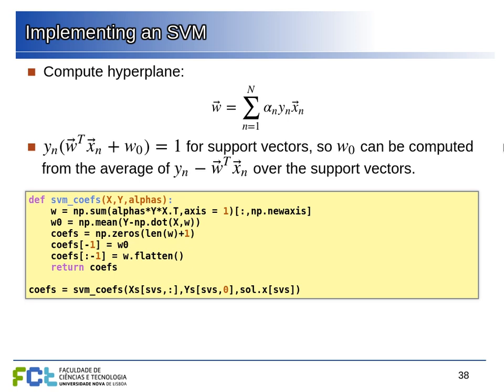So basically, we have these to compute the coefficients. We do these computations, sum of the alphas times the classes and the values of our examples, and to get W0 we do the mean of this expression over all our examples. And the examples we consider are only those that are support vectors.